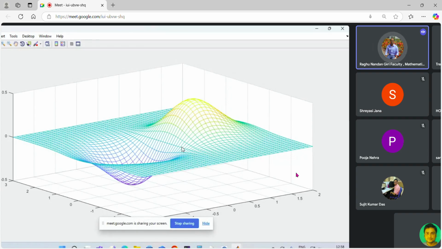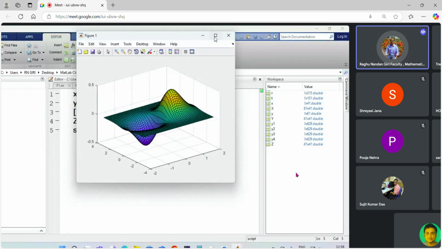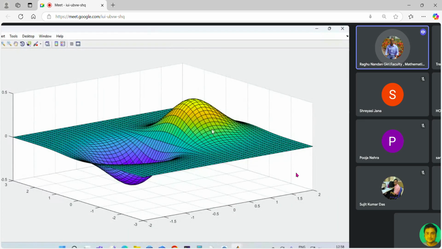So just look at this figure. I am just asking, what are the differences between the mesh and the surface? Just look at this figure. This is the mesh graph, and for surface, see the surface. This is the surface graph.